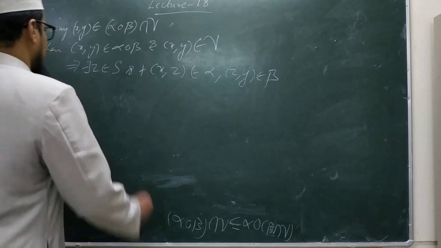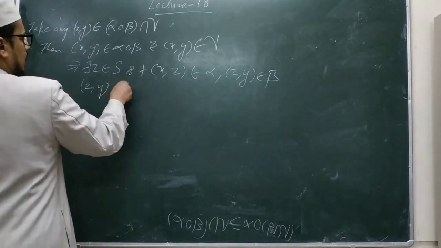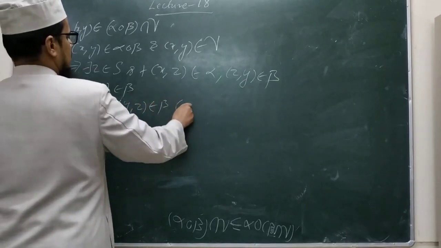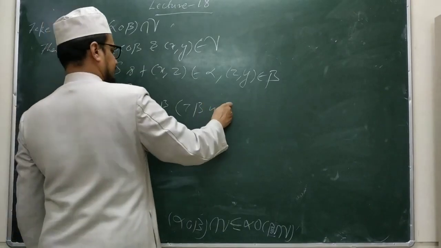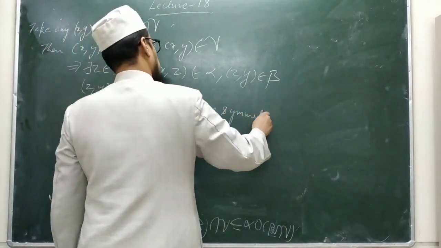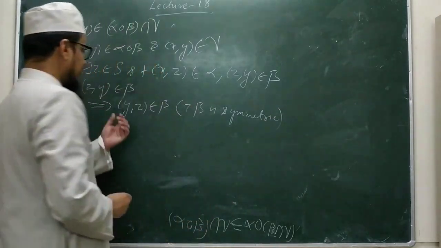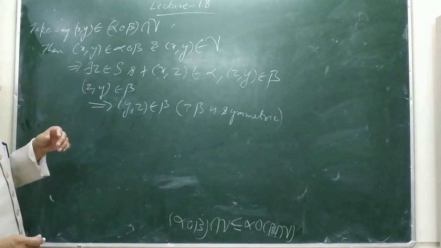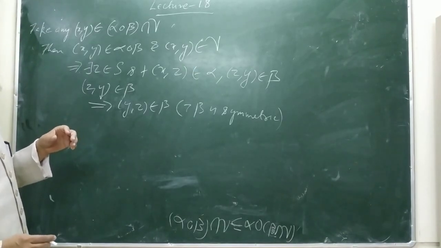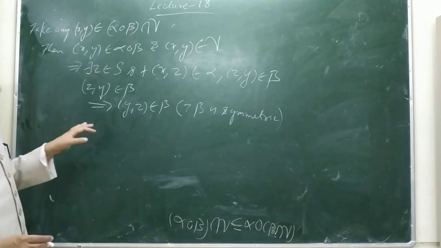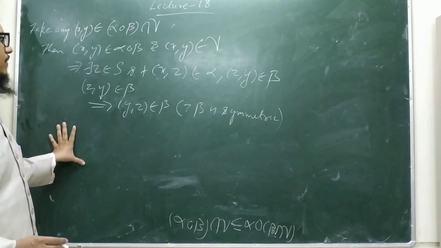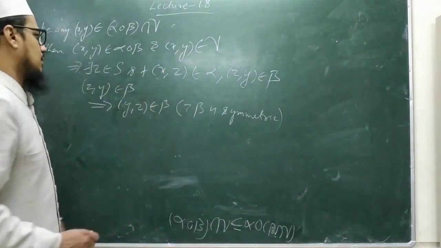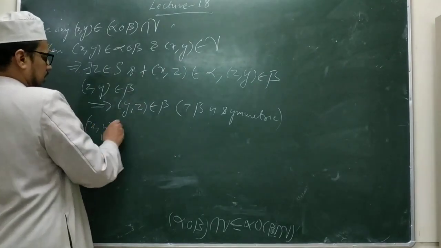Correct? So z comma y belonging to beta implies y comma z belonging to beta, since beta is symmetric. So what we have, y comma z is in beta and x comma y is in gamma.